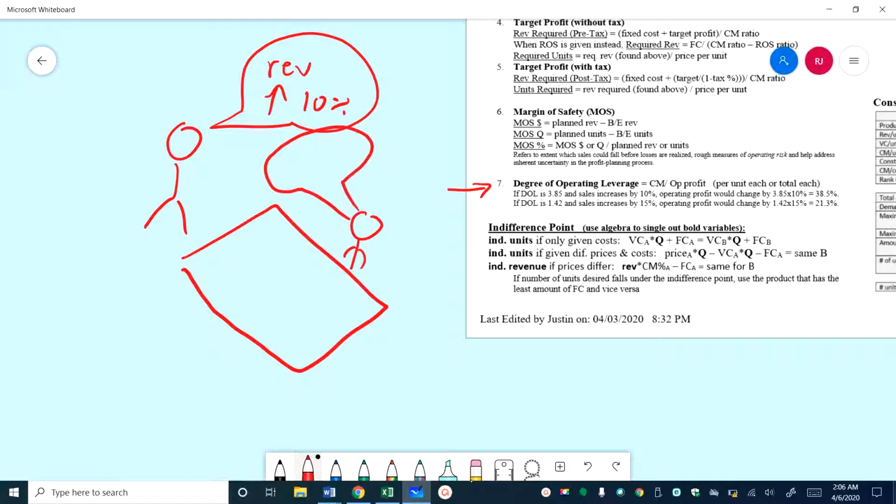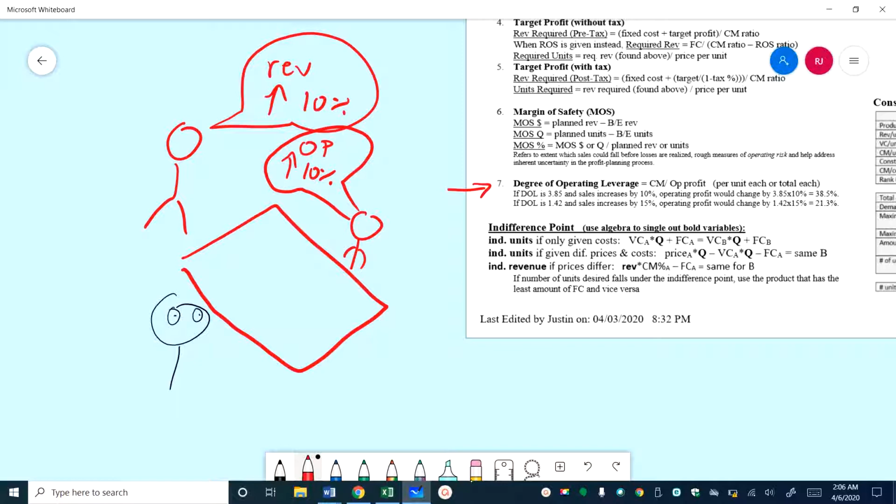Great news to hear that our operating profit went up by 10%. And you, being the smart managerial accounting student that you are, look at him wide-eyed and look at everybody else and say, did he really just say that? Because obviously, if your revenue goes up 10%, that does not mean your operating profit will also go up 10%.